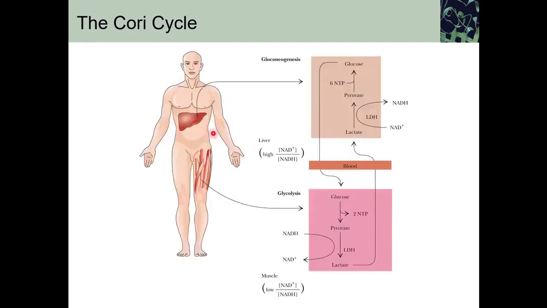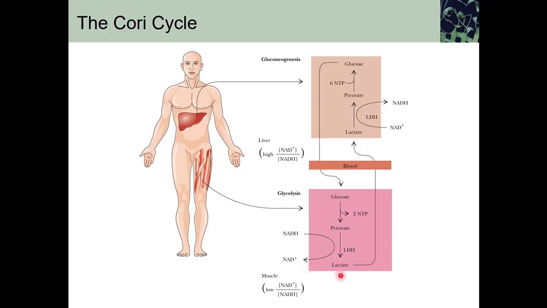This is what happens. Remember, you have your muscle, and what's happening in the muscle is glycolysis. You're doing a strenuous exercise, glucose is converted to pyruvate, but the pyruvate oxidizes NADH in order to regenerate NAD plus, which is necessary for continuous anaerobic glycolysis.